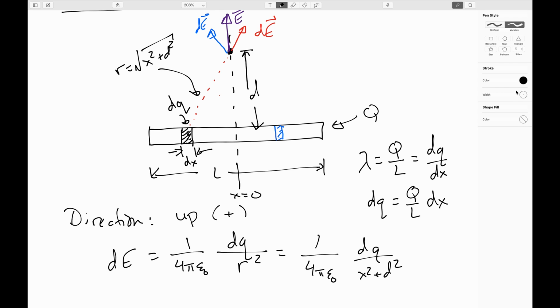But what we need is this piece of it right there. That piece right there is dEy. So we need to find the y component. Not the end of the world, though, because this angle is the same as that angle. So I look at it and say, okay, dEy, let's call that angle, I don't know, theta. So let's go and find our dEy.